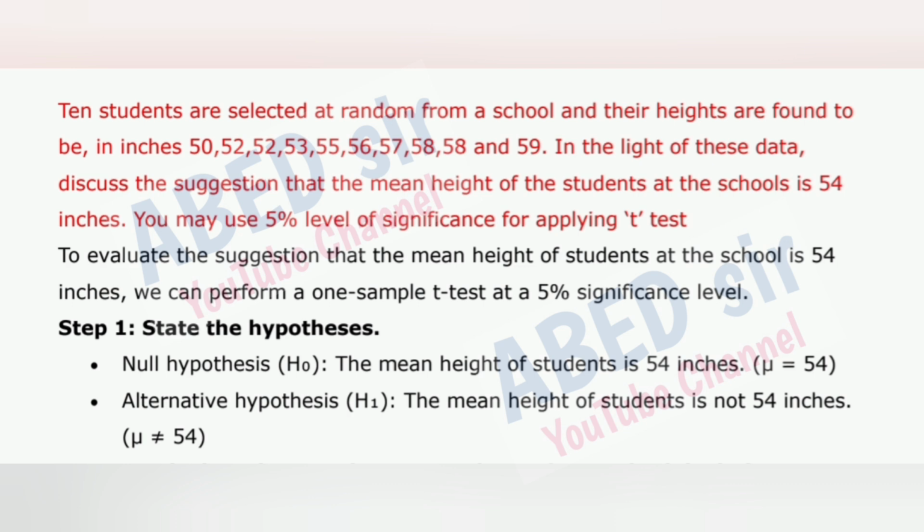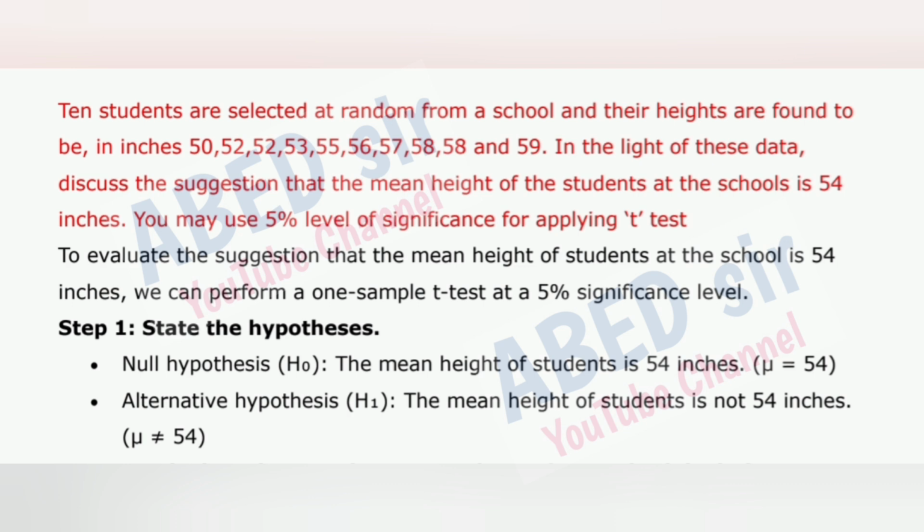In the light of these data, discuss the suggestion that the mean height of the students at the school is 54 inches. You may use 5% level of significance for applying t-test. To evaluate the suggestion that the mean height of students at the school is 54 inches, we can perform a one-sample t-test at a 5% significance level.